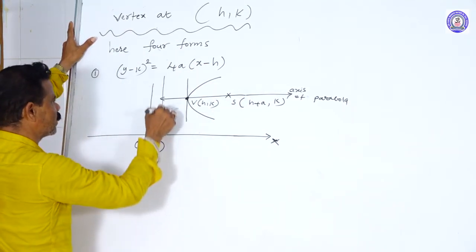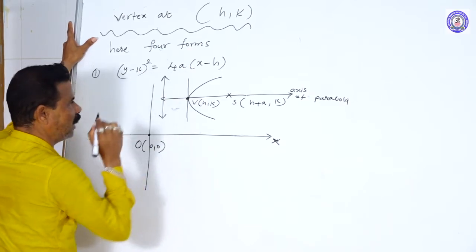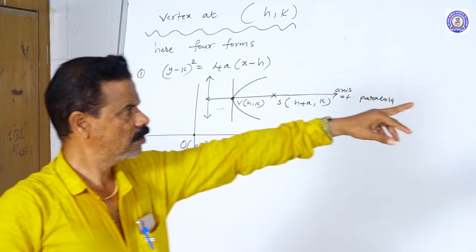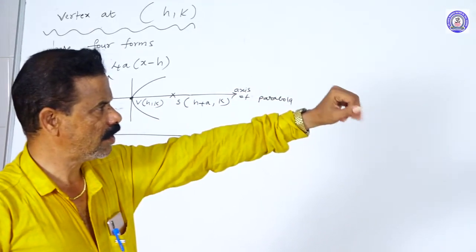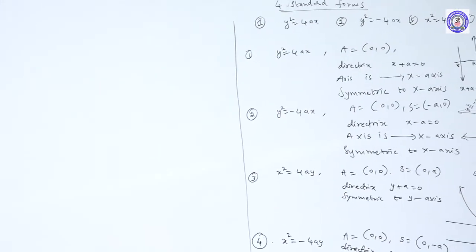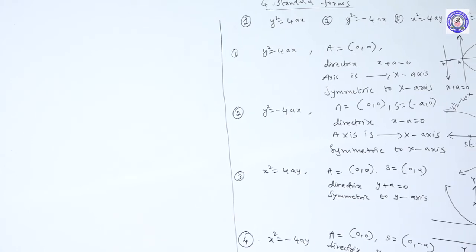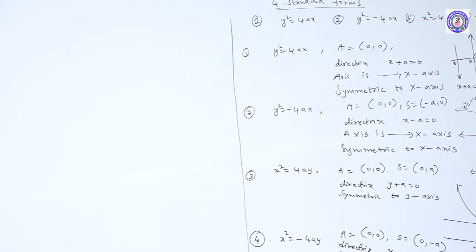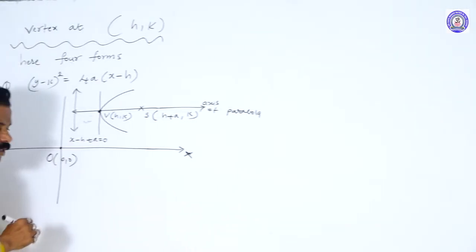Here is the directrix. Originally, the directrix formula in the first case is x plus a is equal to 0. Instead of x, put x minus h only: x minus h plus a is equal to 0. This is the directrix.